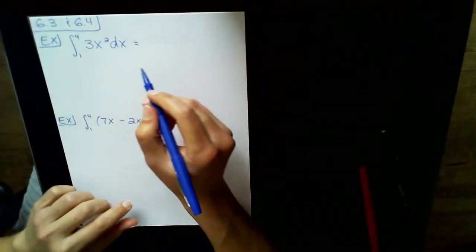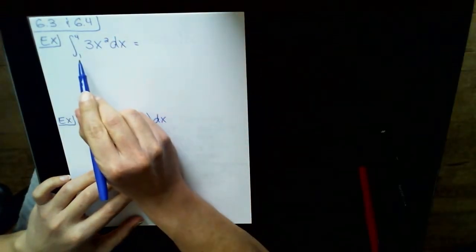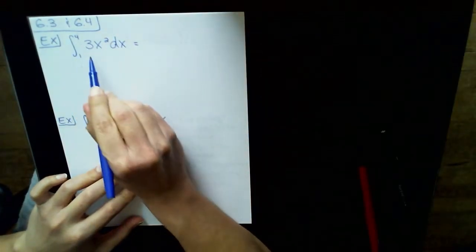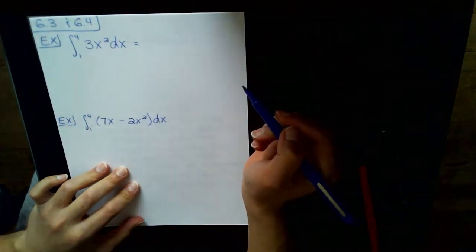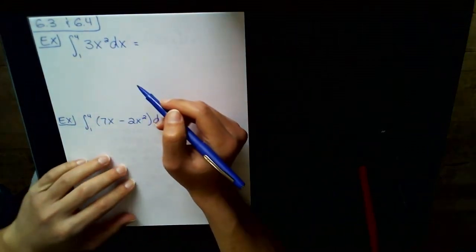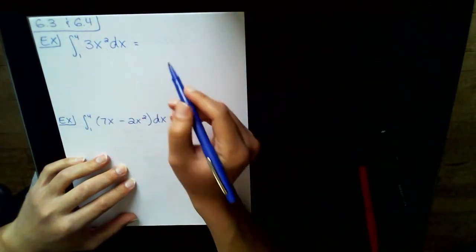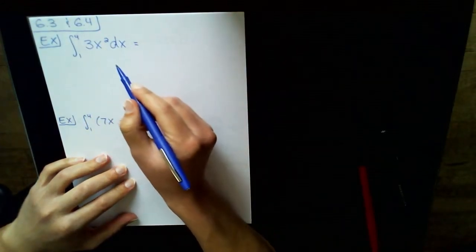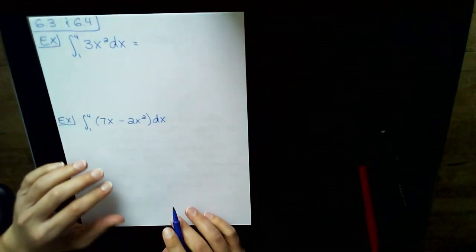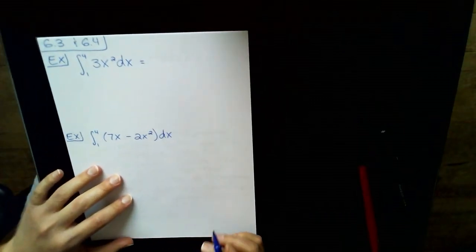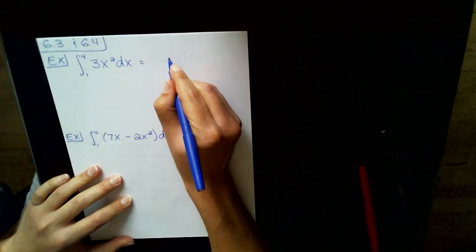The first one, we have the integral from 1 to 4 of 3x squared. Well, in this example, we're taking the antiderivative of 3x squared. This is basically one of our examples from section 6.1. We're going to add 1 to the exponent.